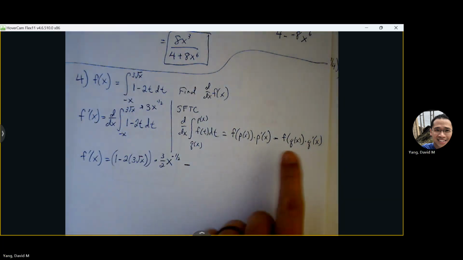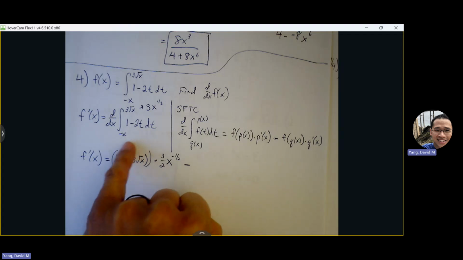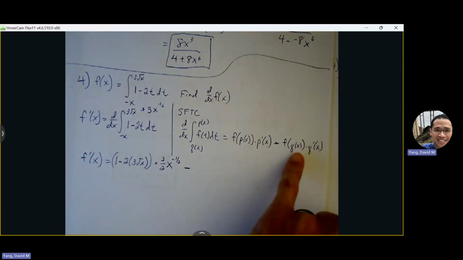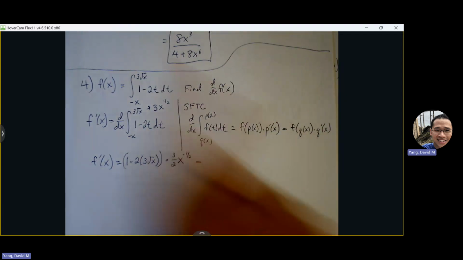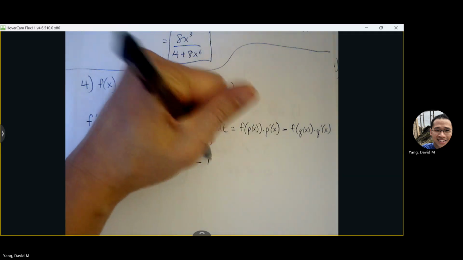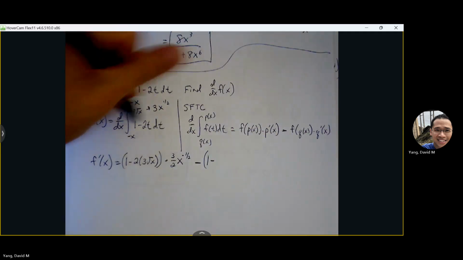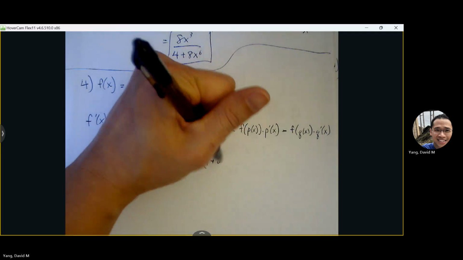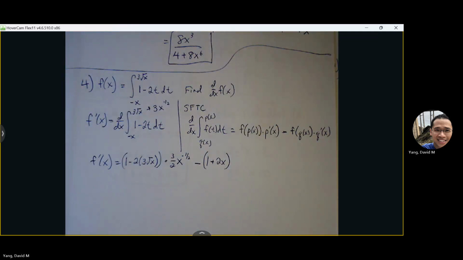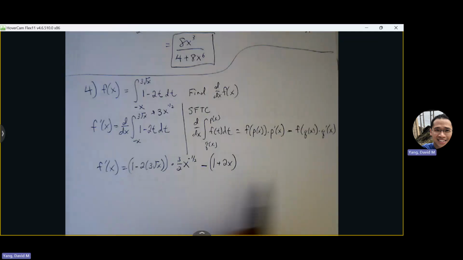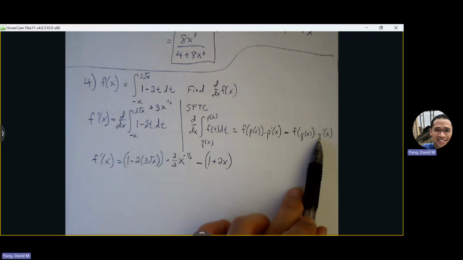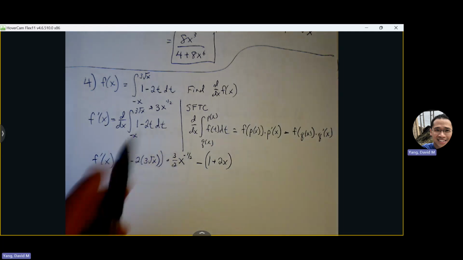Minus, then repeat the same thing with the lower bound. Insert the lower bound into the expression. That's what that f of q of x is telling us. Times the lower bound's derivative. Negative x's derivative is -1.